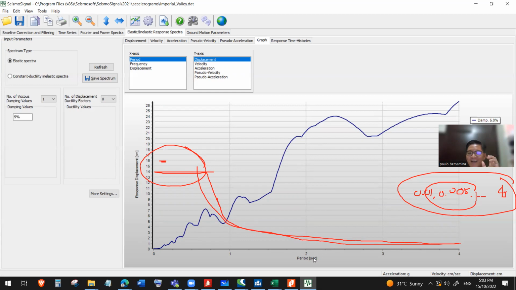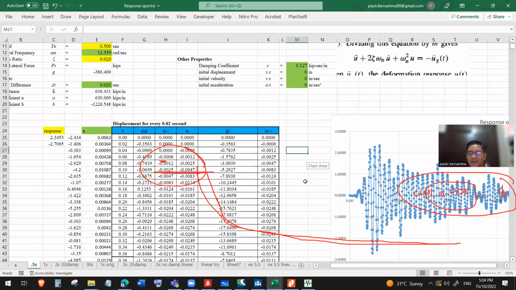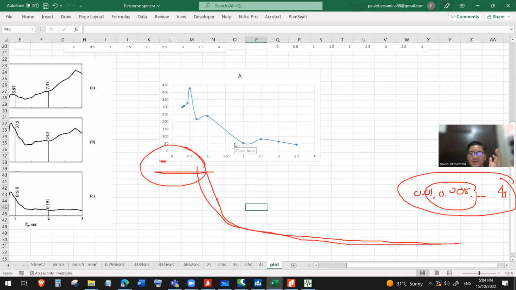So, syempre, dahil gusto ko yung pahirapan, I wanted you to create this in, syempre, binigyan ko na nga kayo ng spreadsheet ko. So, at least, modify the ground motion, then try to do additional Excel sheet for different period in order to produce a plot na mas maganda dito.